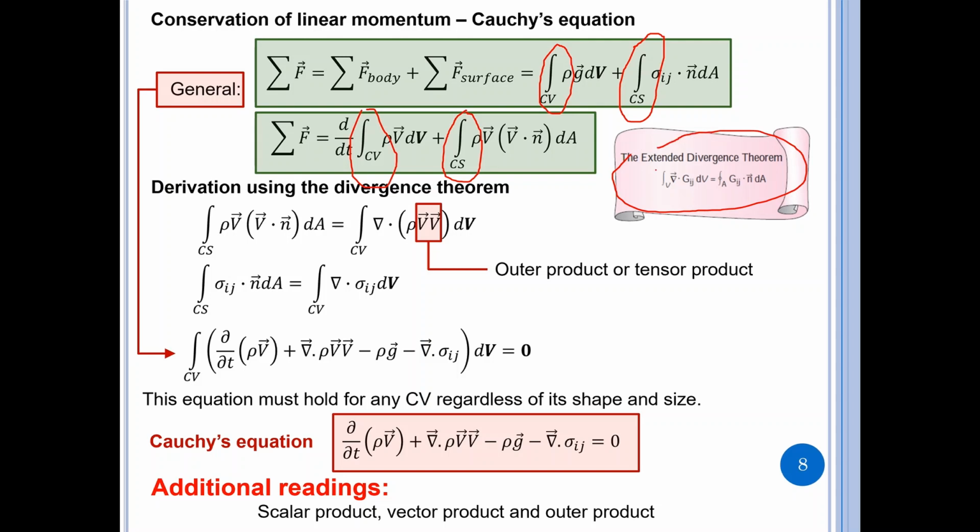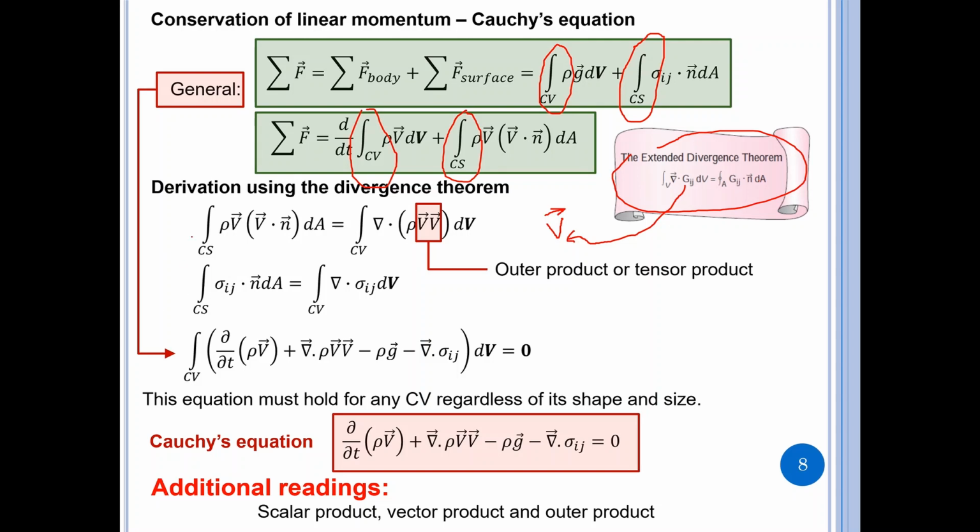In our case here, this G is basically V. So the integral over control volume of del dot V dV is going to be equal to the integral over control surface V dot n dA.